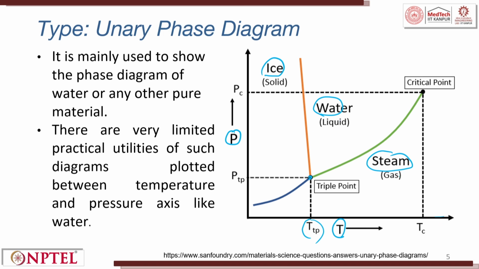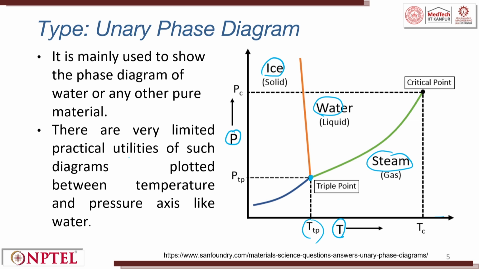Ice, water, steam. So, if you see that, there is something called a triple point. This triple point is always very important because we try to play with pressure. It is mainly used to show the phase diagram of water or any other pure metal or material.